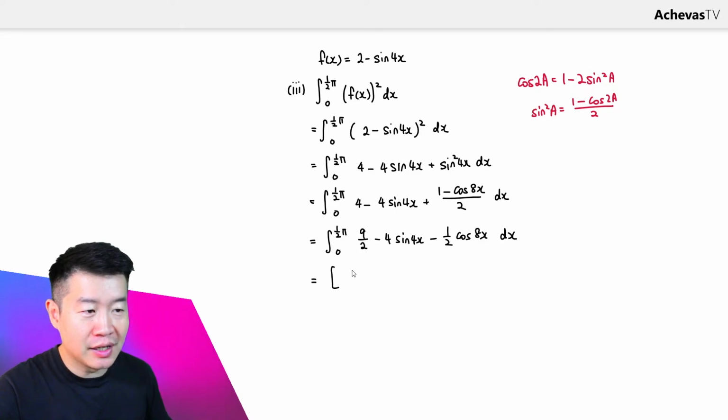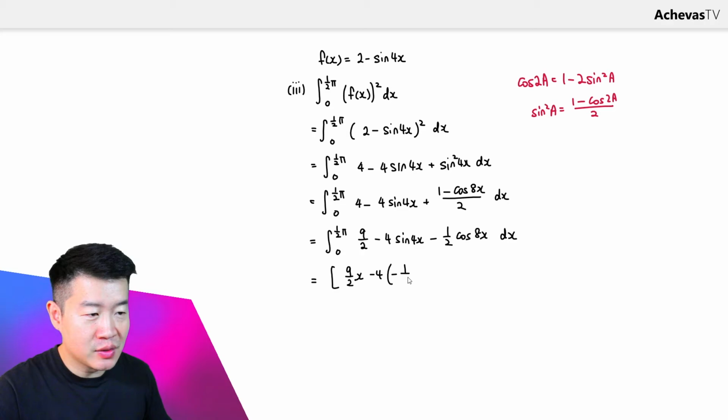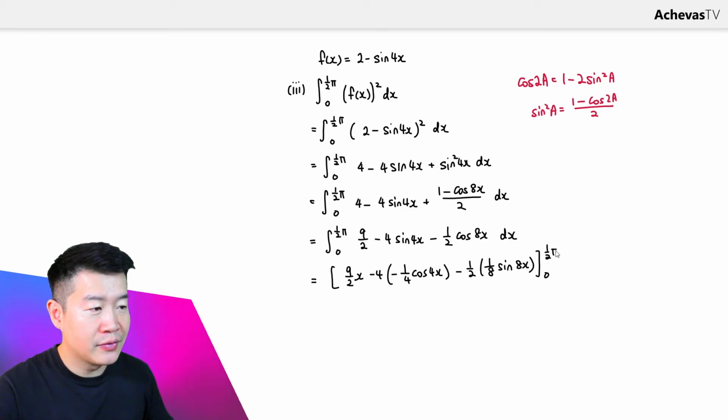So integrating 9 over 2 will be 9 over 2x. And integrating sine 4x is going to be minus 1 over 4 cosine 4x. Minus half, integrating this is 1 over 8 sine 8x, from 0 to half pi.